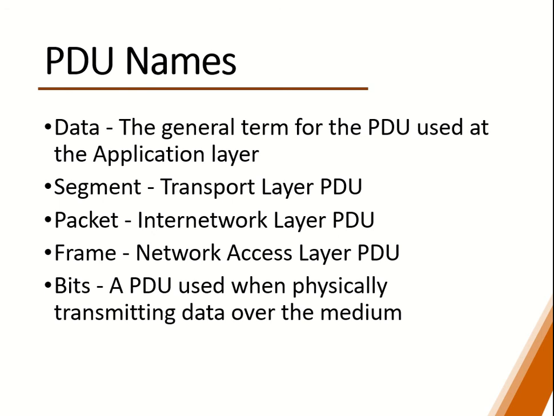So we have data, which is the PDU name at the application layer. We also have segment once your message arrives at the transport layer. We also have packets once your data arrives at the network layer. We also have frame once it arrives at the data link layer, and bits for the physical layer.